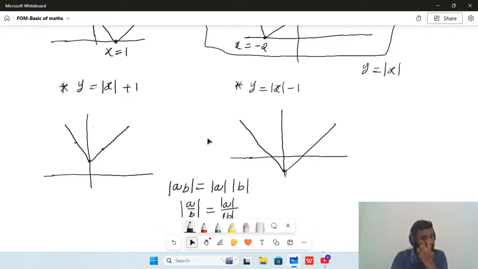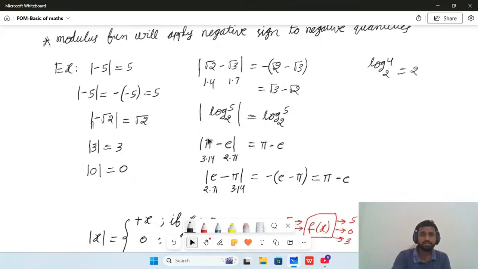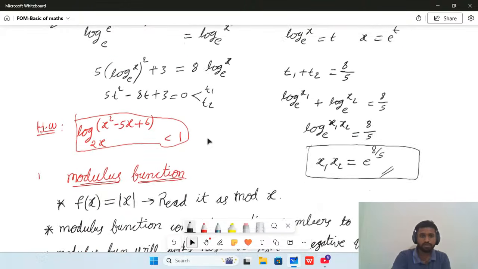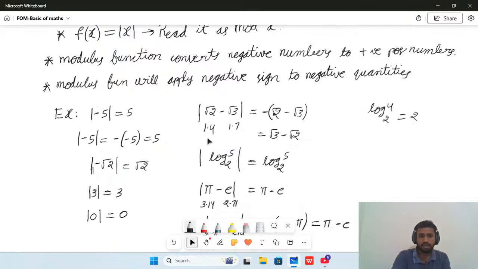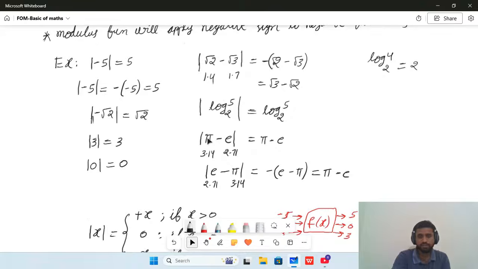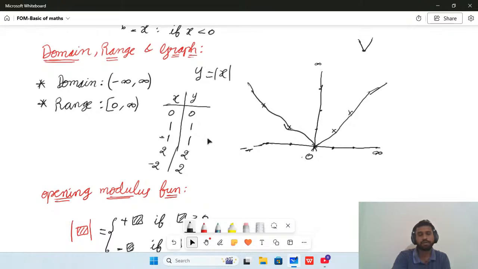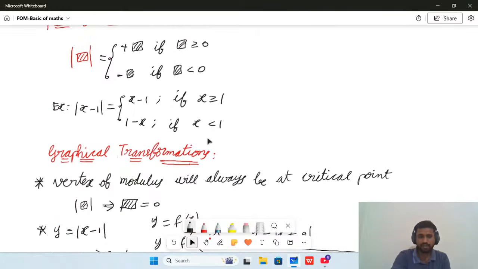So far we have seen the definition of the modulus function and some examples of how this modulus function works, how to open the modulus, domain, range, and the graph of the modulus function, and graphical transformations also.